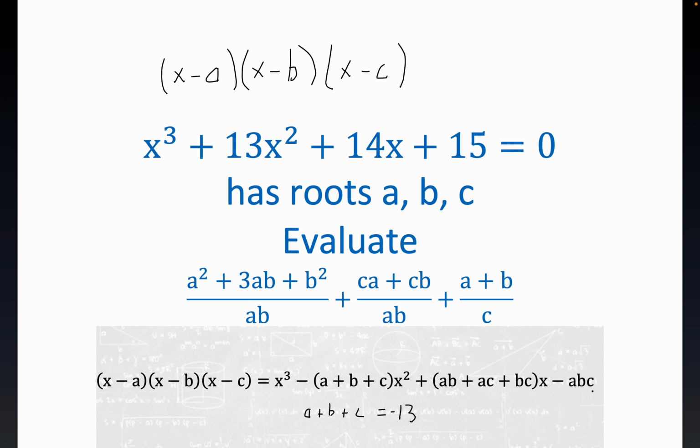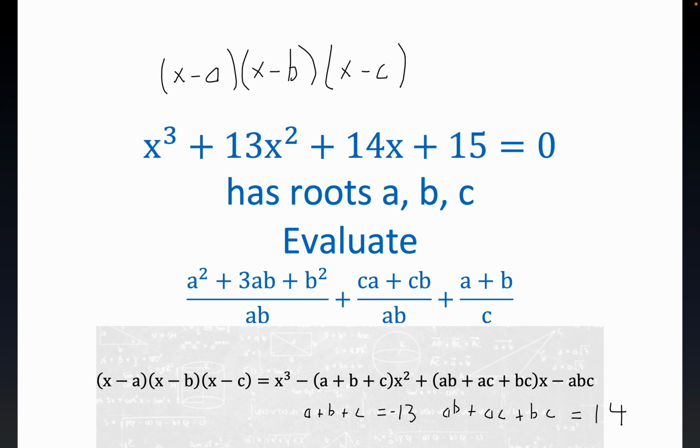And in a similar fashion, you would get ab plus ac plus bc. Again, just a direct comparison here. This is the coefficient of x, and the coefficient of x here is 14, so this would be equal to 14.